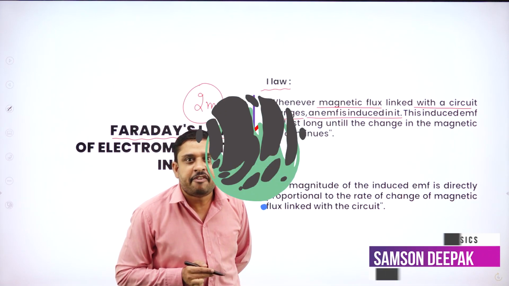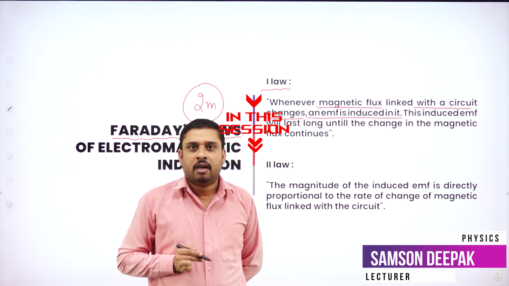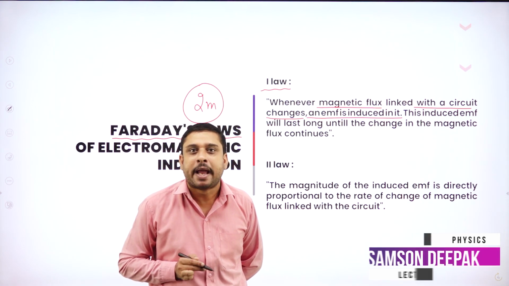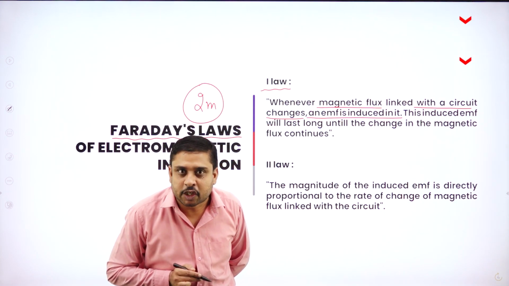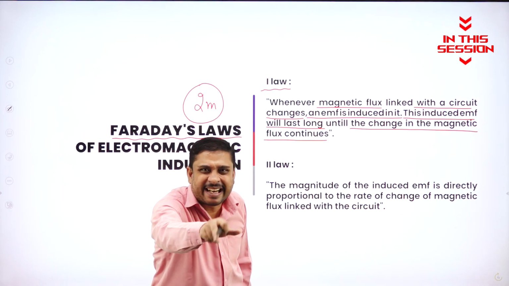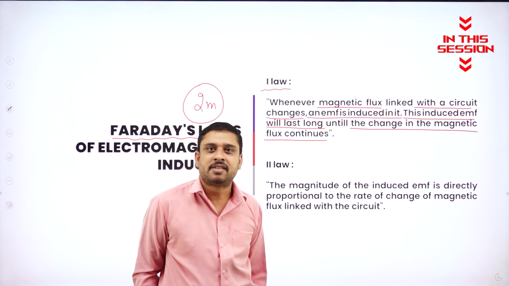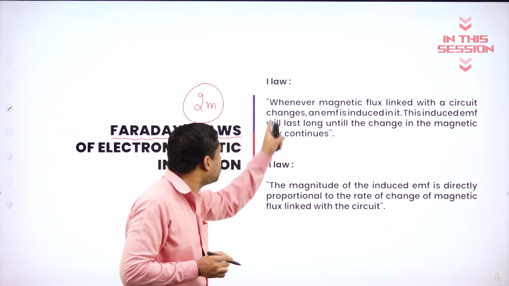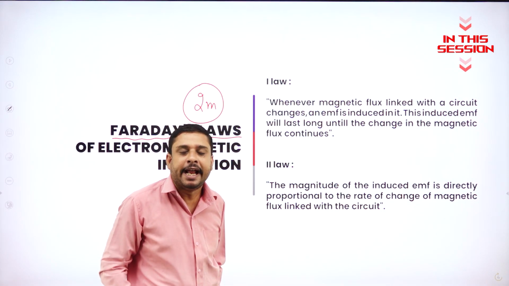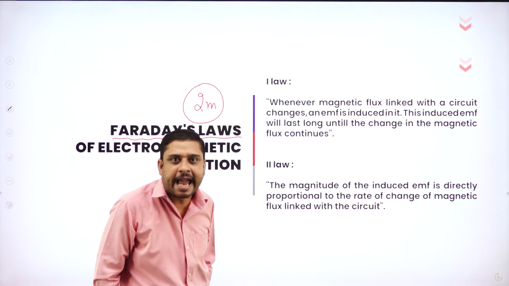For an EMF to be induced in a circuit, a current to be induced in a circuit, you must change the magnetic flux linked with it. So these two laws were formulated by Michael Faraday.